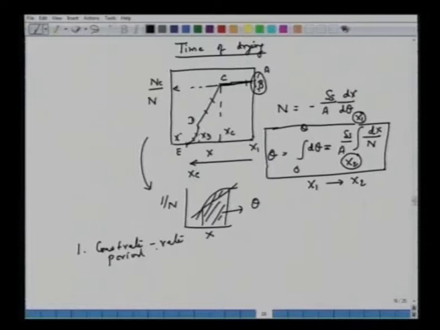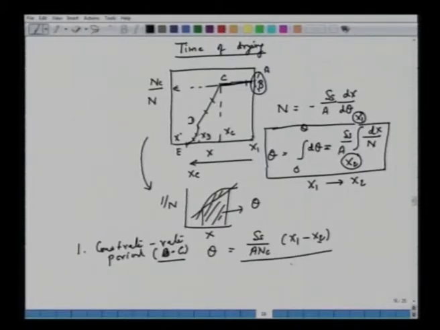So we are talking of BC, right? We neglected the initial adjustment. So we have this BC. In BC, the rate is constant, NC. So when you integrate this, very simple integration, theta will be SS over A. N is a constant, so NC comes here, and you have X1 minus X2.